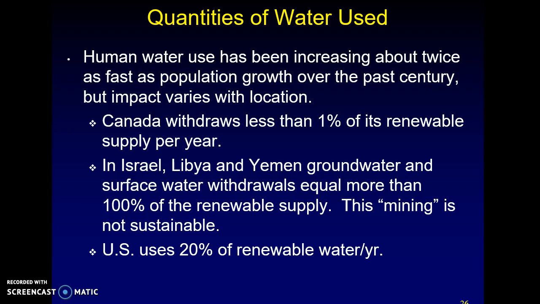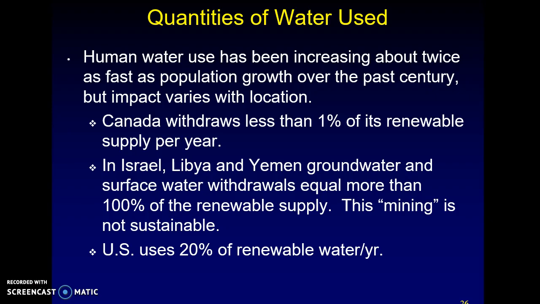So wonderfully, Canada draws less than 1% of its renewable supply of water every year. That's because they get more snow than they know what to do with. Now, countries like Israel, Libya, and Yemen have almost depleted their renewable sources.